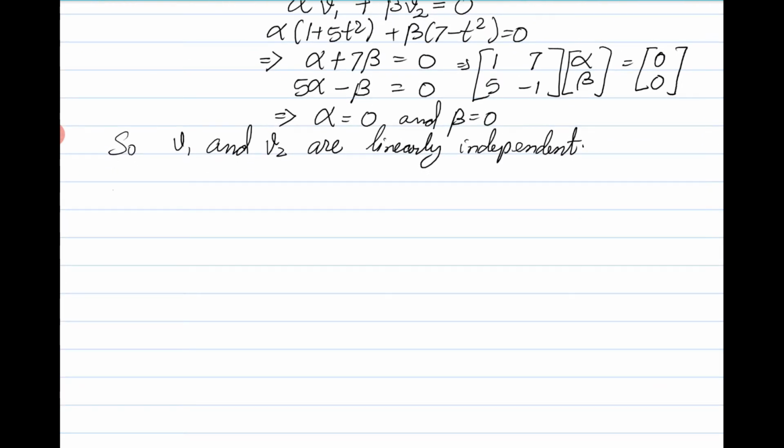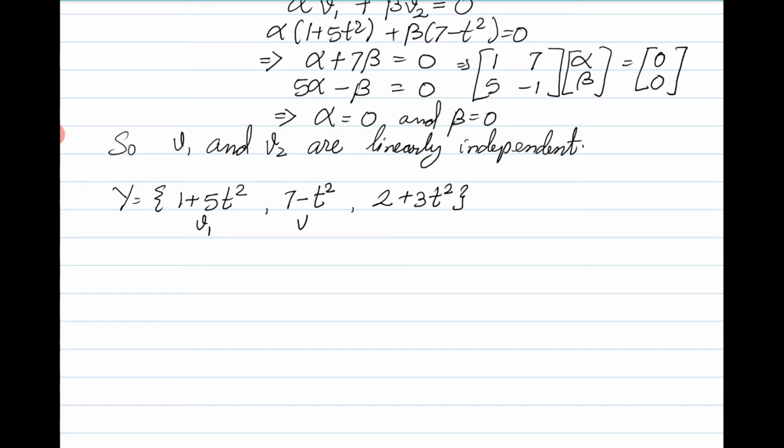Let us consider another set. Let us label that set as Y. 1 plus 5t square, 7 minus t square, and then let's say one more vector, 2 plus 3t square.